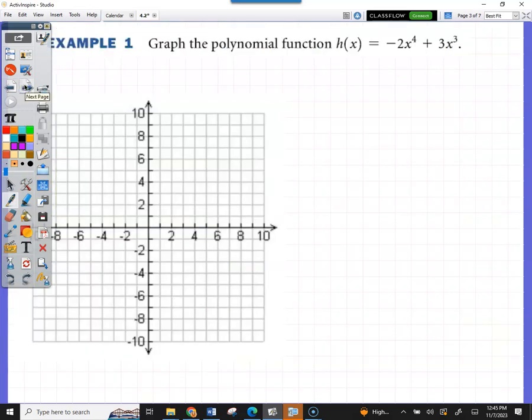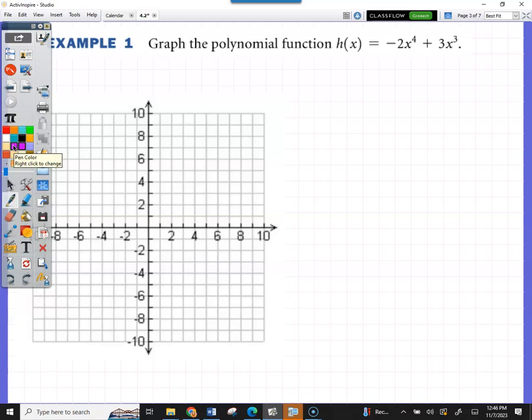Graph this polynomial function without your graphing calculator. Now, I say without the calculator, we will use it for computation, but we are not going to type it in as y equals and just copy the picture. I have it broken down into 4 steps.